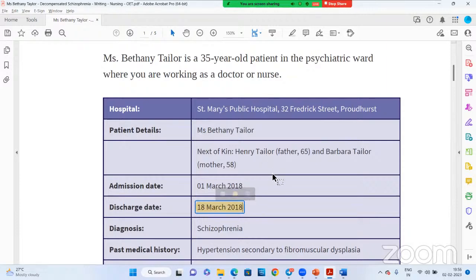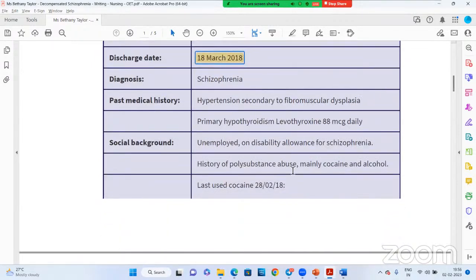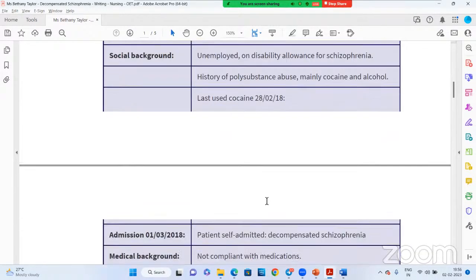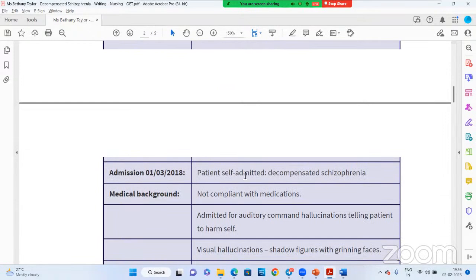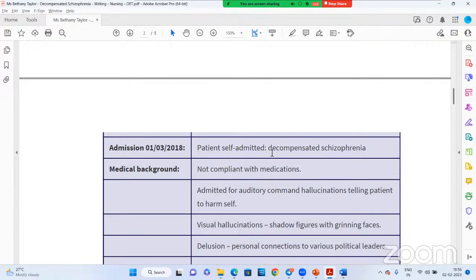The case is decompensated schizophrenia. The patient self-admitted with decompensated schizophrenia.